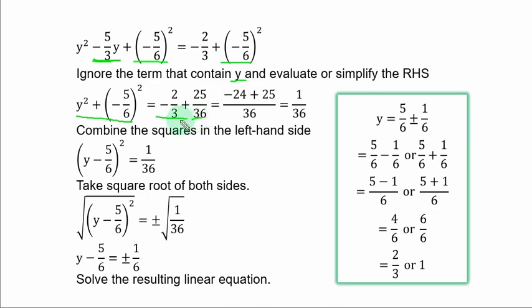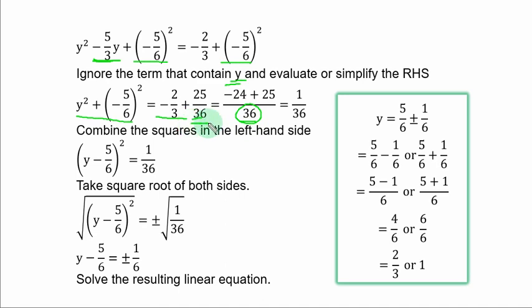The LCM of 3 and 6 is 36. We are trying to simplify the right hand side. Divide 36 by 3, you have 12 times minus 2, you have minus 24. Divide 36 by 36, you have 1.